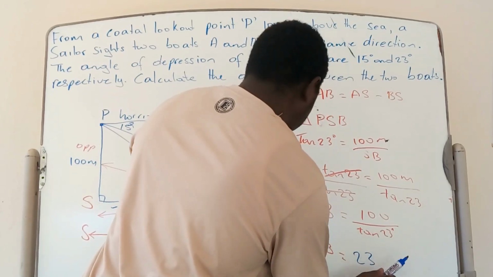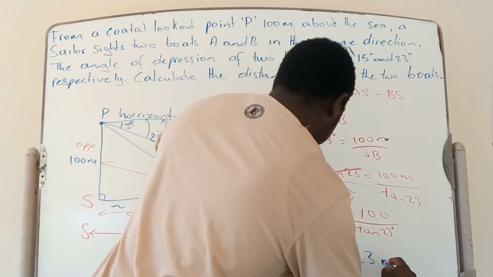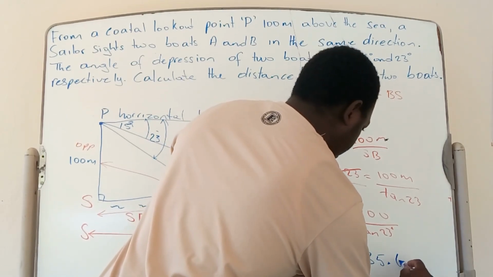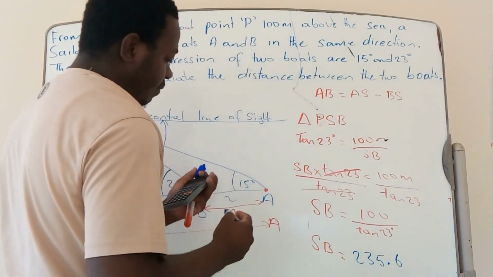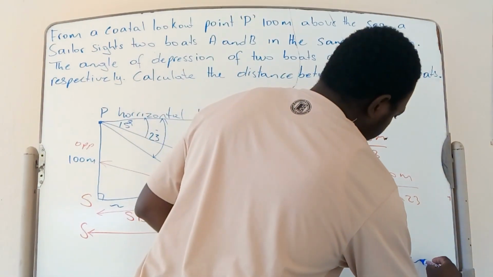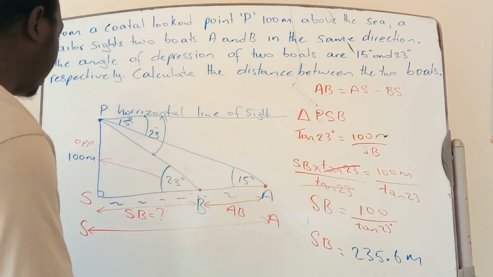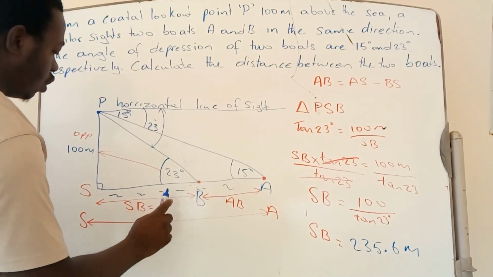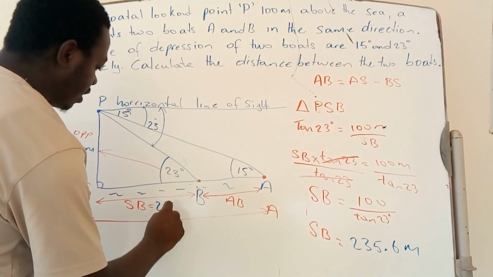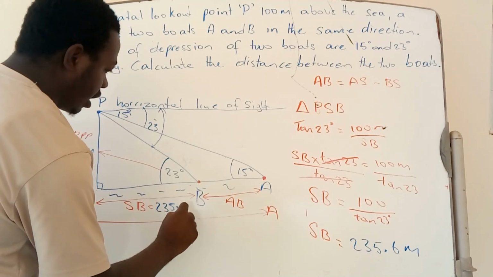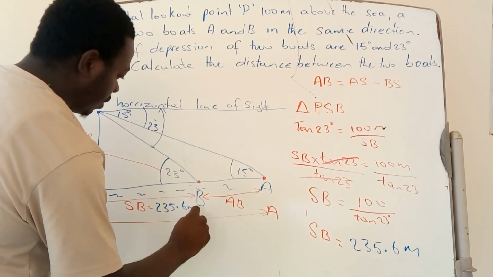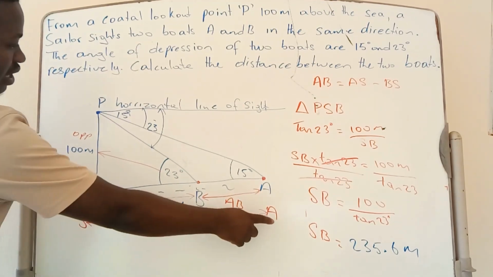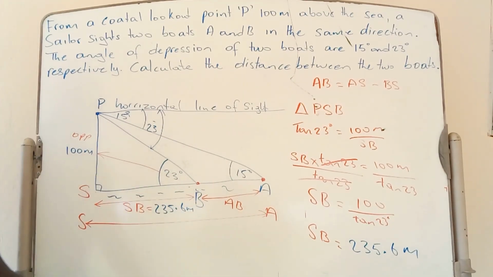No, let's use one decimal place. 235.6 carried to 1 dp, right? And that's meters there. So we know that this little distance here is now 235.6 meters, right? So now we need this larger distance, which is AS, right?